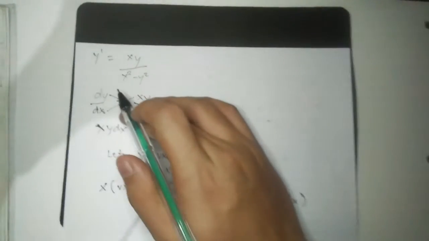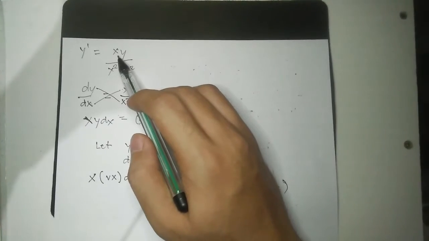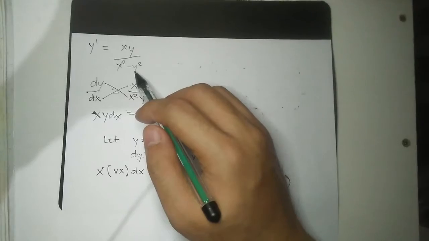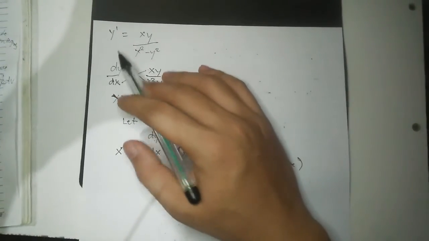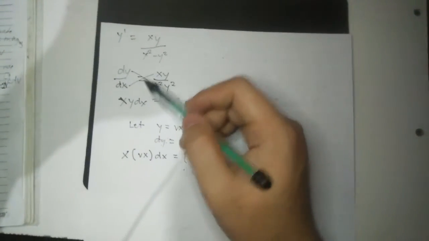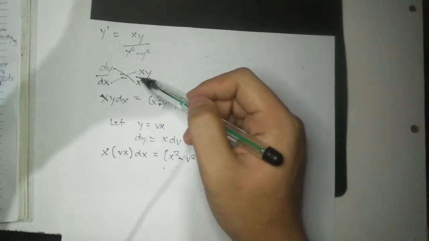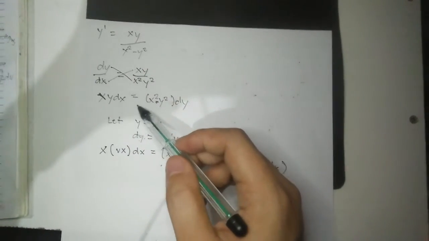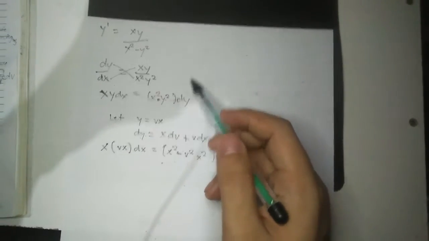So for our example number 1, y prime is equal to xy over x squared minus y squared. So we know that y prime is dy dx, so we just simply write it, and we cross multiply it, so it will become xy dx is equal to x squared minus y squared dy.